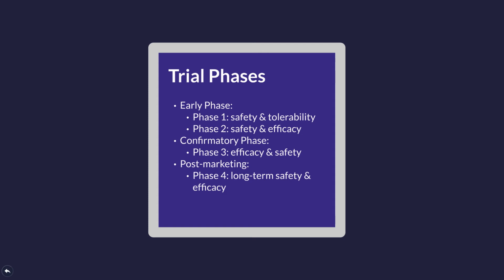Phase 2 will look at safety and some efficacy. Confirmatory phases will look at efficacy and safety. Notice the switch in the efficacy coming first and safety coming second. So the confirmatory phase is really to confirm the efficacy and gather additional information on the safety profile. And then the post-marketing phases, phase 4 studies, are long-term safety and efficacy.